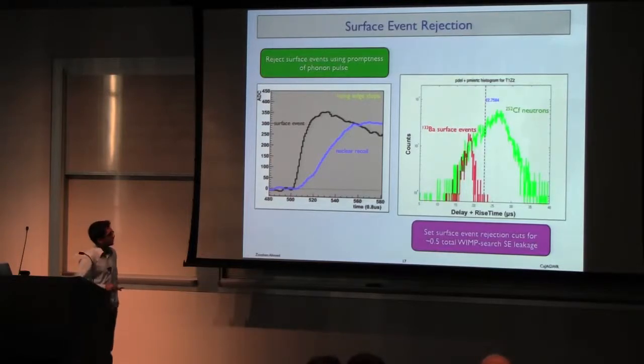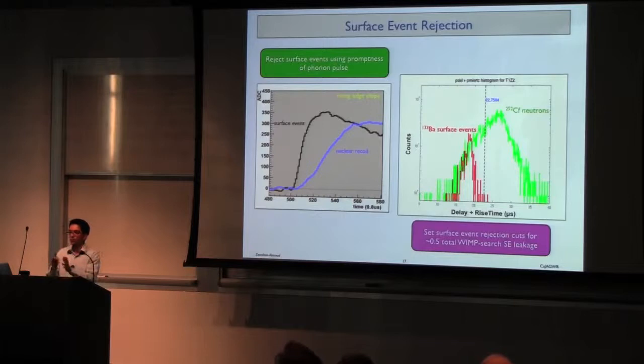So once again, over here, this is just a simple discrimination plot. Using the surface events from the barium calibration source and using neutrons from the californium source, we can set a cut on this timing parameter over here. And we can set it in a manner that we do not allow more than a certain amount of background.